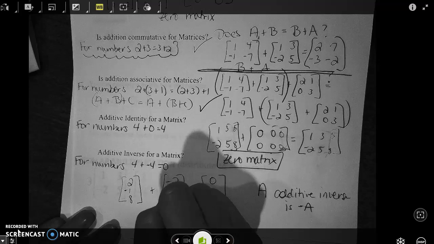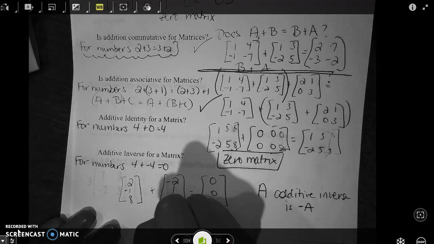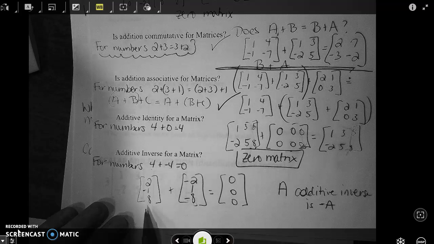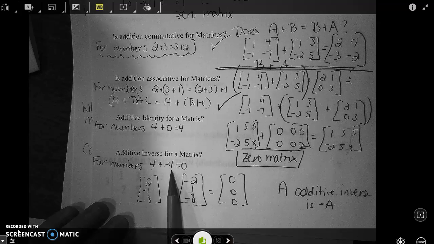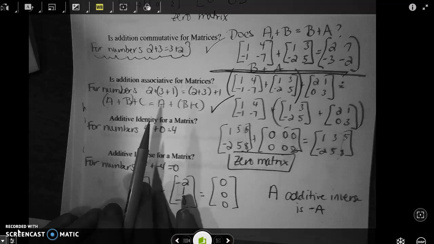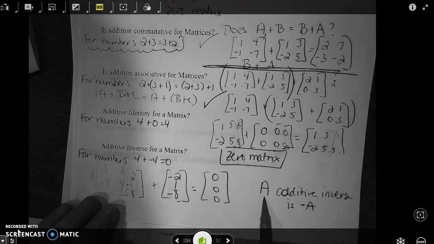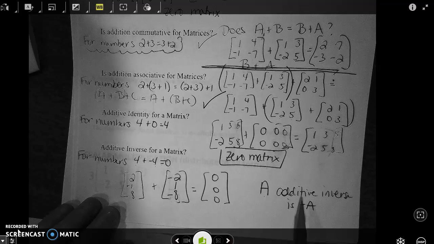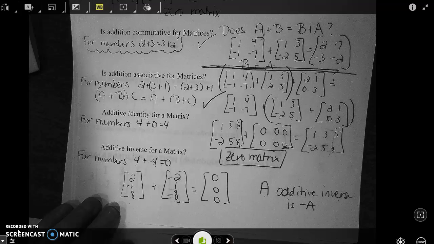It'd be negative 2, 1, negative 8. This means that every matrix will have an additive inverse, but it will be different for every single matrix. One thing you can think about is if A is your matrix, the additive inverse of A will be negative A, or the opposite of A.